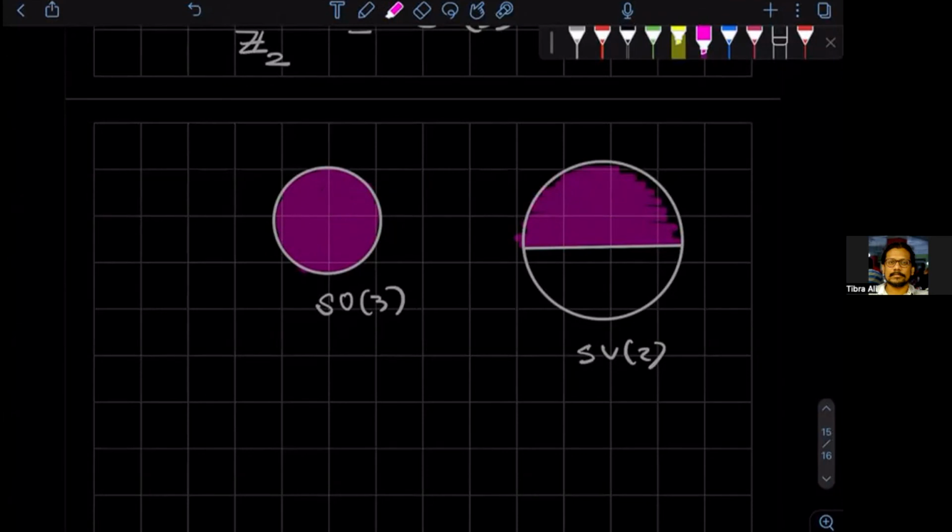I think the way to prove this is to assume that there is a non-trivial matrix in SU2, apart from 1 and -1.